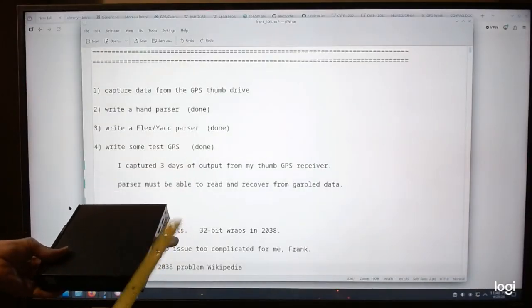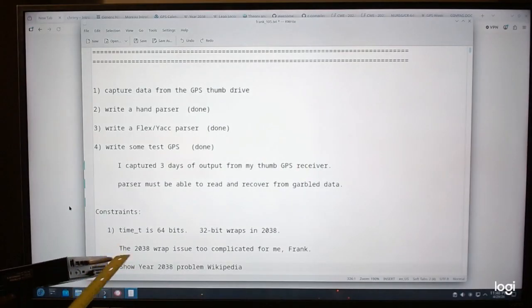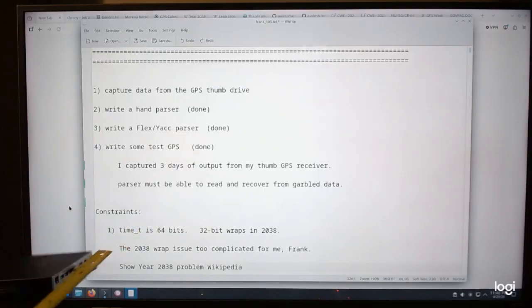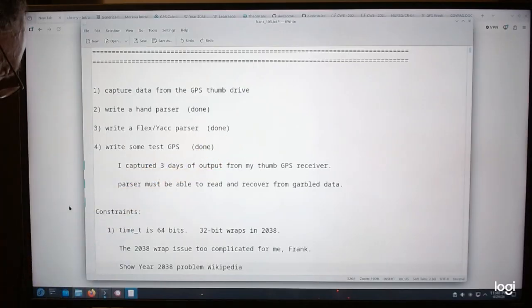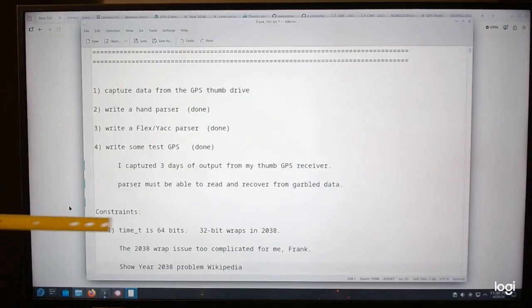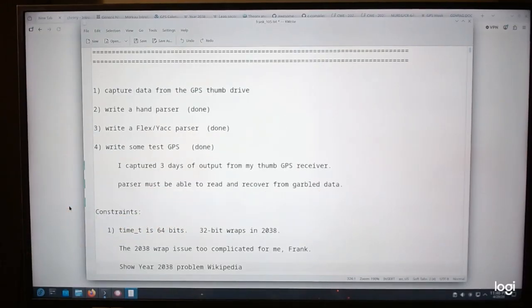If you want to be more thorough, you need to capture several days. I would recommend several days of output from those receivers, because there's a lot of things that can happen, and I'll show you what I'm talking about. There may be some garbled data in there.